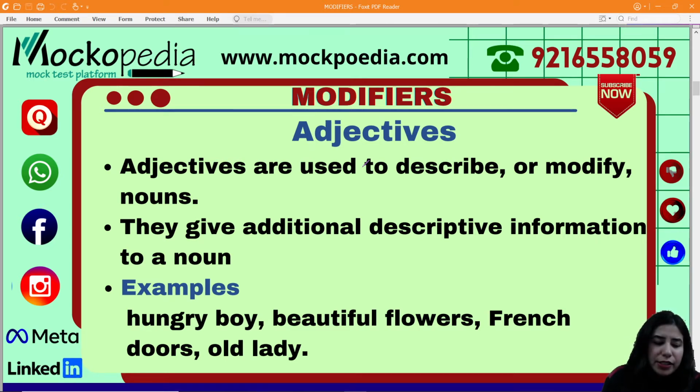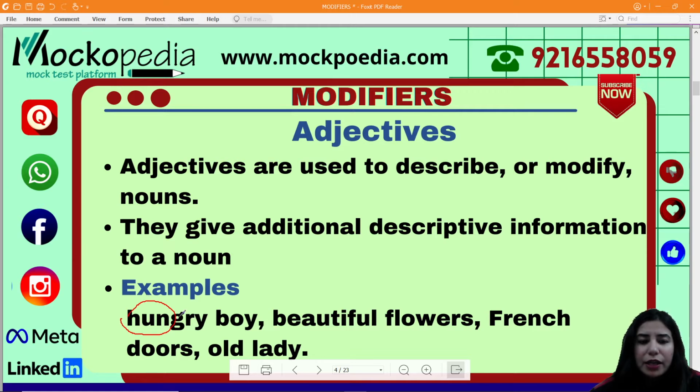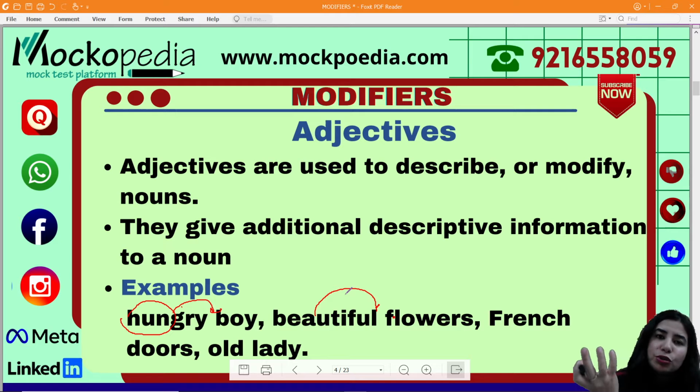Say, for instance, I give this example: hungry boy. Are you able to understand that in this case hungry is an adjective to boy? So hungry is explaining how the boy is. Or beautiful is an adjective to flowers. Or in French doors, French is an adjective to doors.